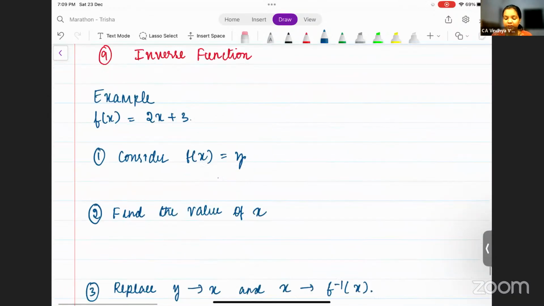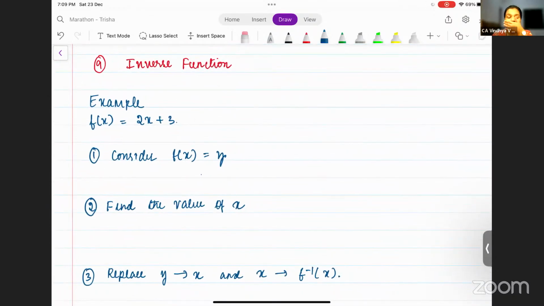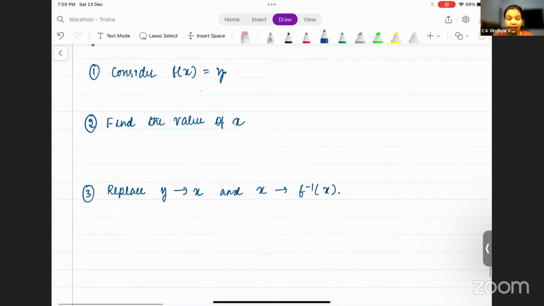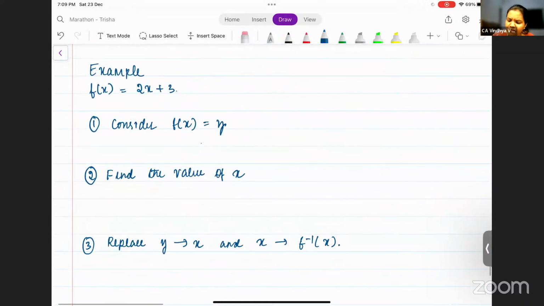Lastly, you have inverse function. If f of x is given as 2x plus 3, then you have to find the inverse. Inverse here is not directly the reverse. You have a 3-step process. Follow that. First, you consider f of x as y. So y is equal to 2x plus 3. Second, you find the value of x.